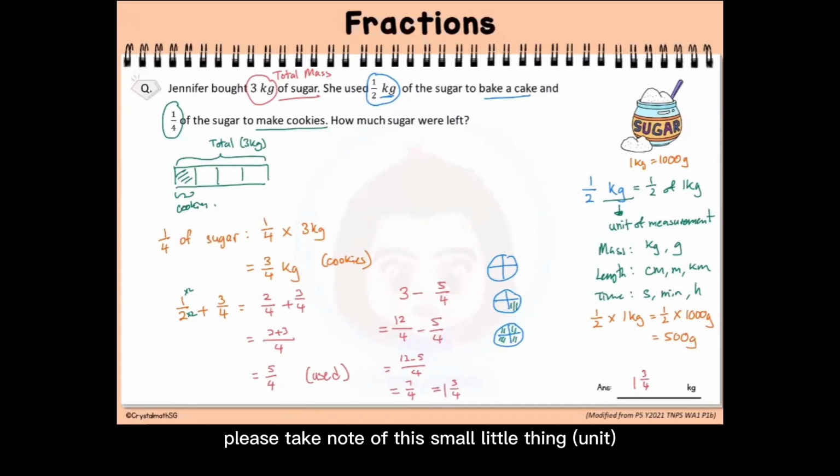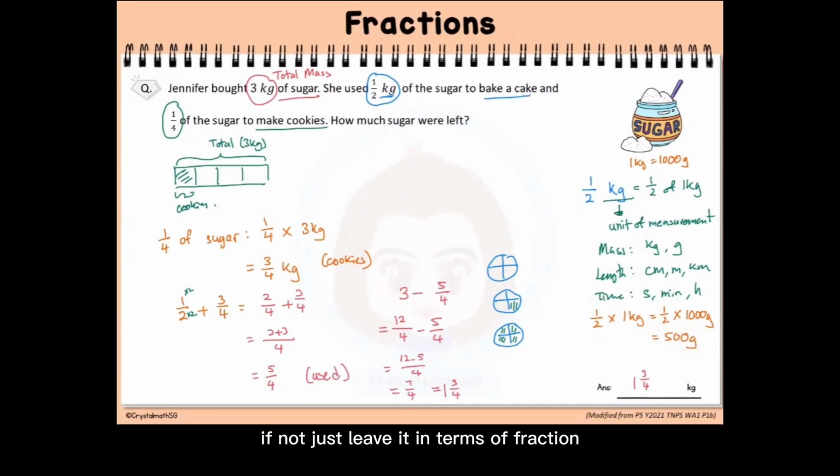Please take note of this small thing so that you will not make the careless mistake of treating this as a proportion. If you find half of the 3 kilograms, your answer will be wrong. Please know that half a kilogram is the same as 500 grams. Do not change the question to grams unless the question asks you to.